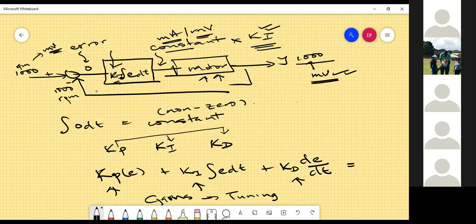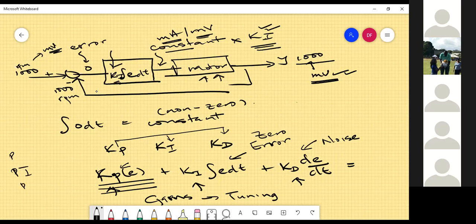Remember now, like I said, this one is nice. This one is error. Zero error. And this one just makes sure the plant operates properly. And you notice that all of them have to have a Kp. And then you decide whether you want a PI controller. And by the way, there are P, PI, PID, PD.